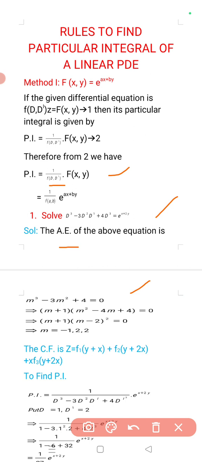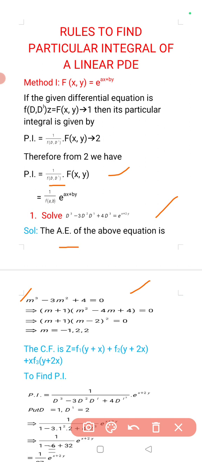Now our equation turns up as m cube minus 3m square plus 4 is equal to 0. It is not a quadratic equation; it is a cubic equation.